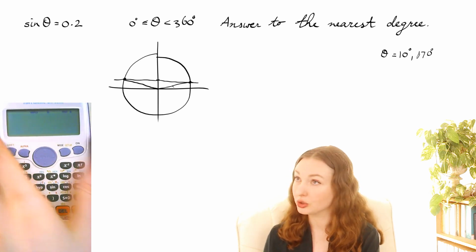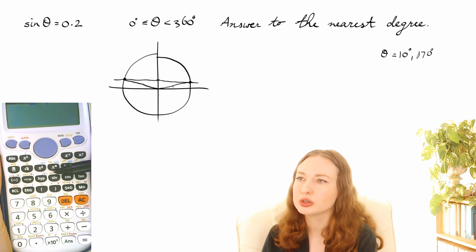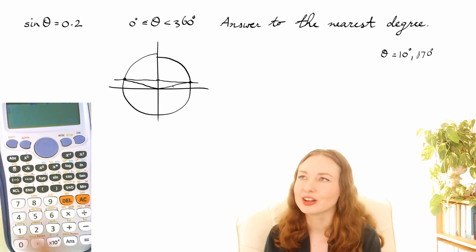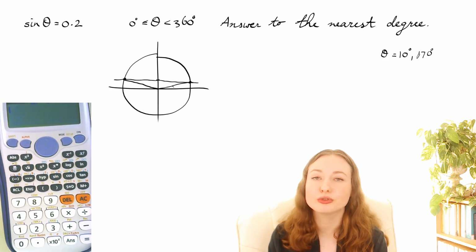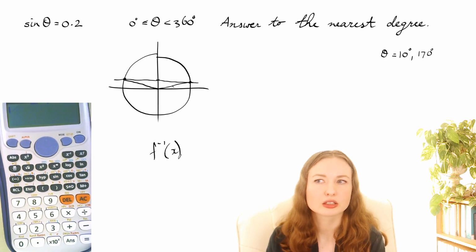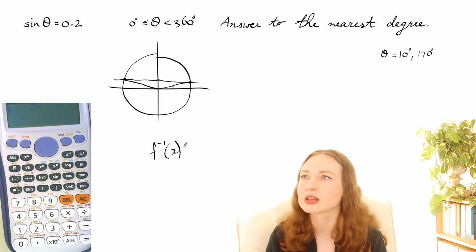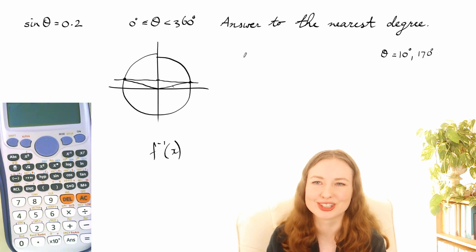But to work out what it is exactly, you need to use this sine to the minus 1 button. Let me explain what that means. If you've done function notation before, you might already be familiar with that, like if you do f to the minus 1 of x. Otherwise, let me explain why they use that notation.